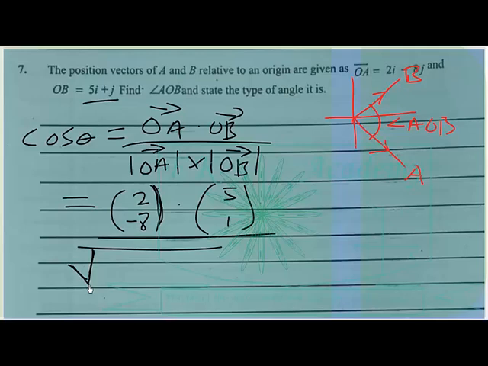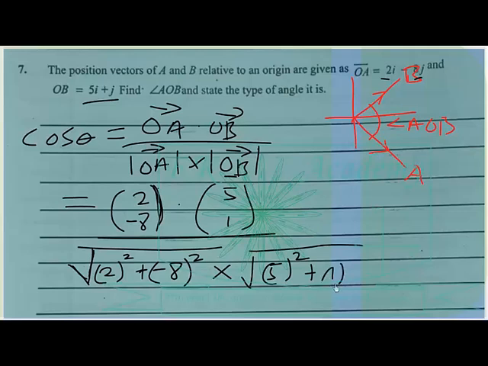So OA, that will be 2 squared plus negative 8 squared, times the square root of, so vector OB will be 5 squared plus 1 squared. So we have to simplify this.